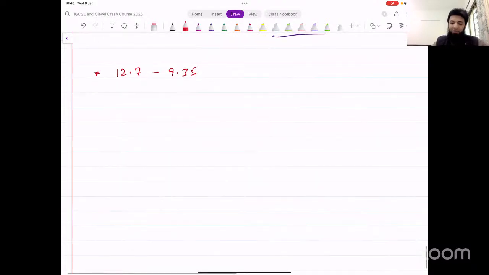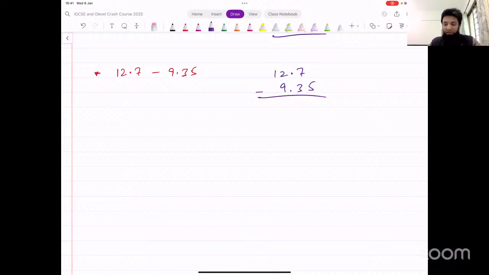Okay, how is this going to work? Again, you have to make sure that the decimals are aligned, 12.7. And now when you write down the second number, write down the decimal first. One number to the left of that, 9, and then the numbers to the right, 3 and 5. Okay, they should be properly aligned, and then you can do the addition subtraction.